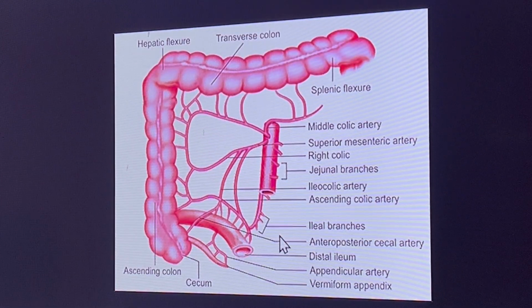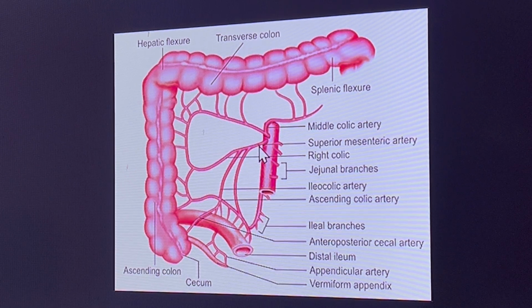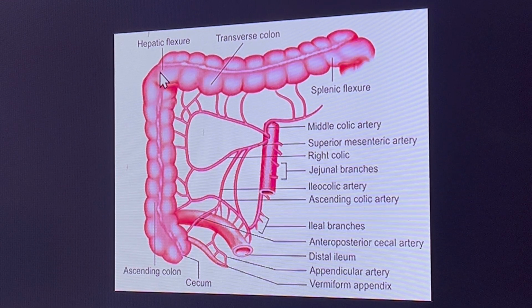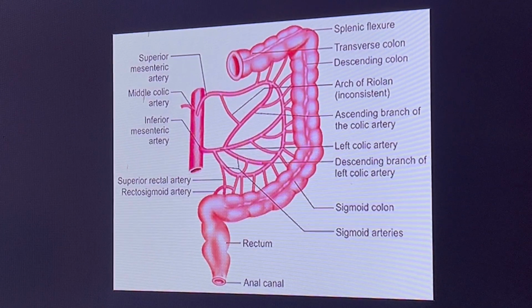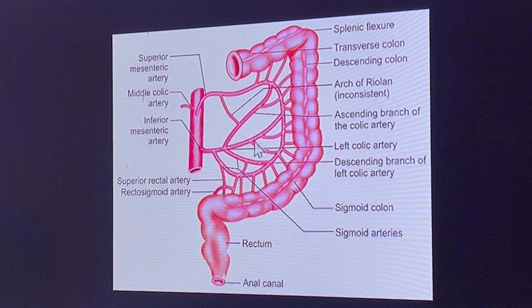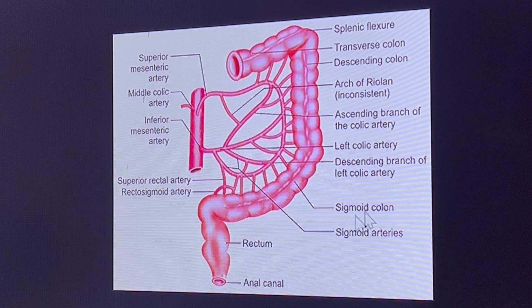Then this is another image showing the superior mesenteric artery, which is giving off a right colic and a middle colic artery. And this is your cecum, ascending colon, hepatic flexure, and transverse colon. Similarly, you have the inferior mesenteric artery, and its branches, the sigmoid arteries supplying the sigmoid colon.